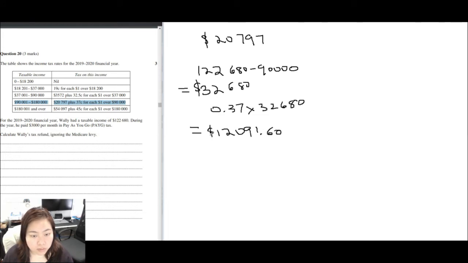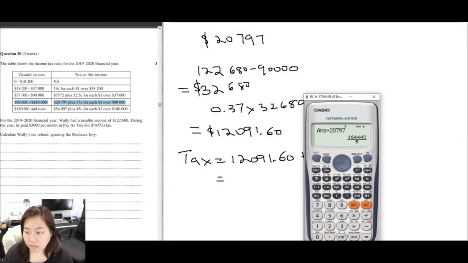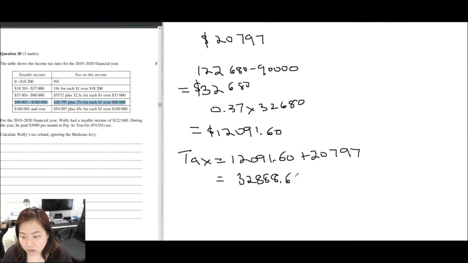That's how much he has to pay. Tax is 12,091.6 plus 20,797, which is 32,888.6. That's how much Wally should pay in tax.